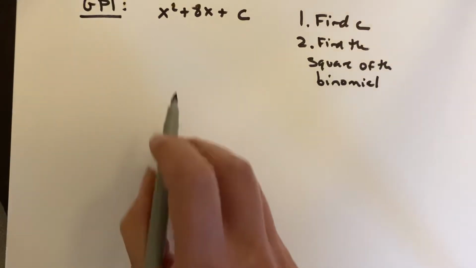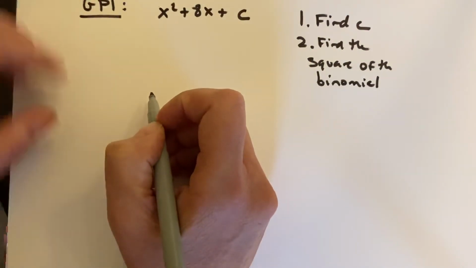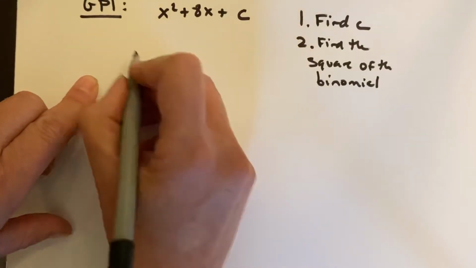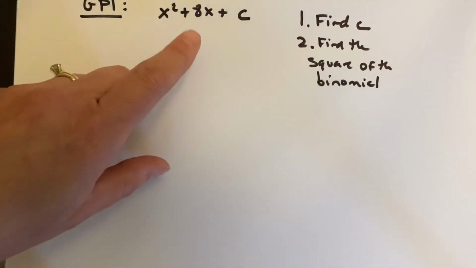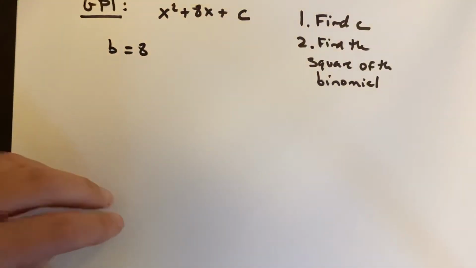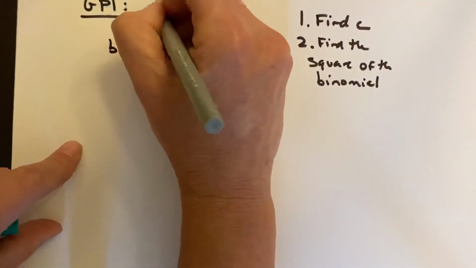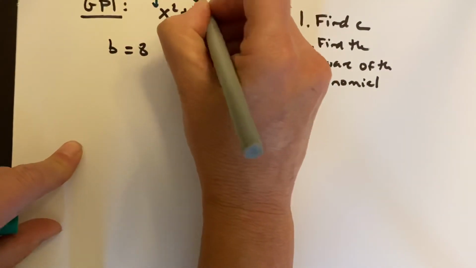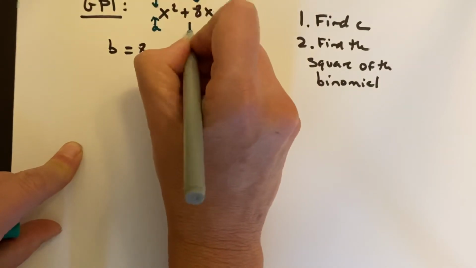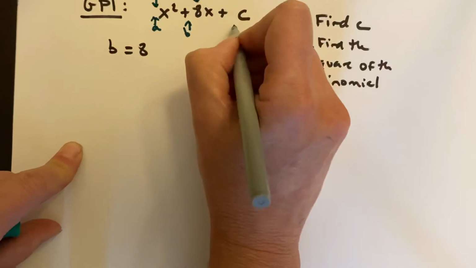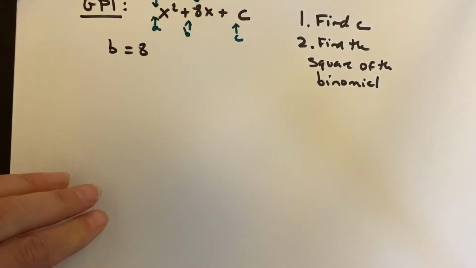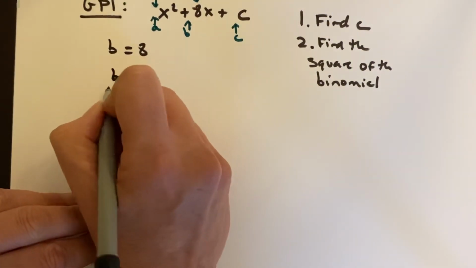Okay, and this is an exact pattern for 7 through 12 or whatever it is in the homework, for those problems. All right, my first part is to find C. Well, I know my B equals 8, right, because this is A. This is B, and that's going to be C. So I'm going to do B/2.